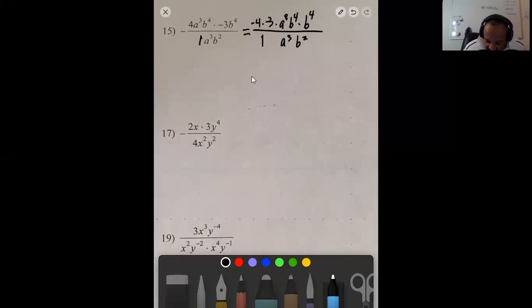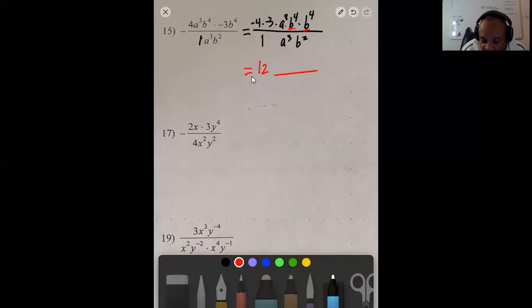Now I'm going to change the colors. I know that a negative 4 times a negative 3 is going to be a positive, so I know this is going to be 12. Now what I need to do is, everything on the top has to have the same base. So the b here and the b here have the same base, so I'm going to add those.